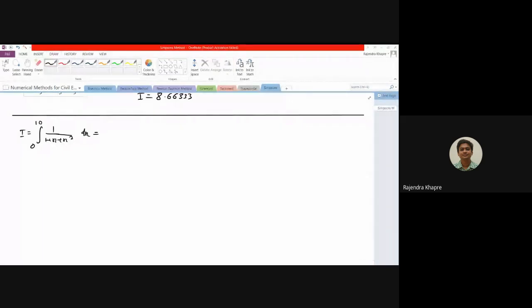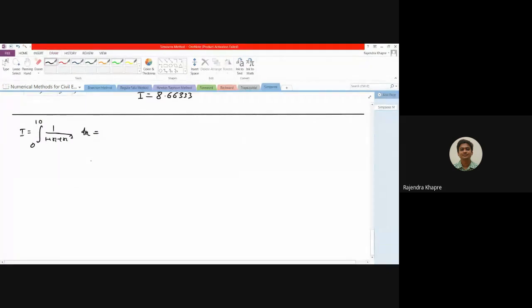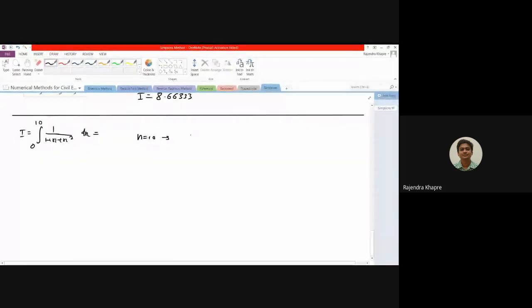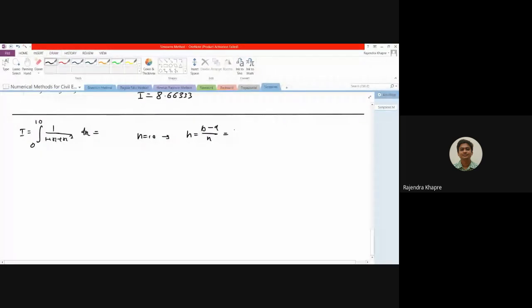Use only 10 intervals, don't use more. If you take n as 10, the h value is nothing but b minus a divided by n. So this is 10 minus 0 divided by 10, so h will be 1.